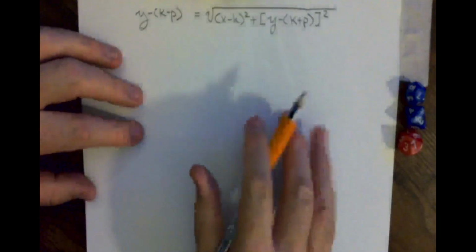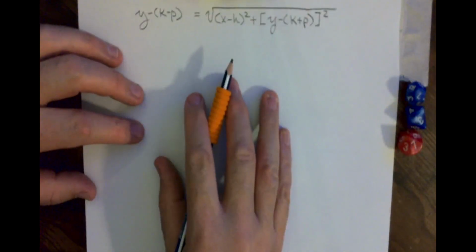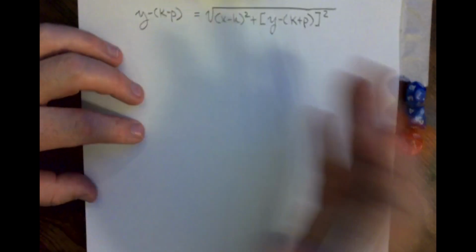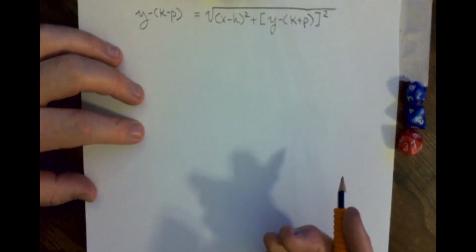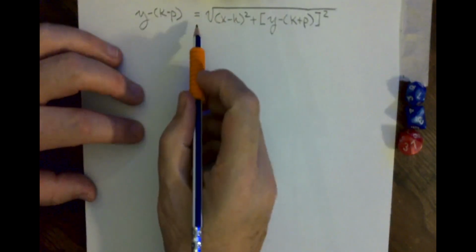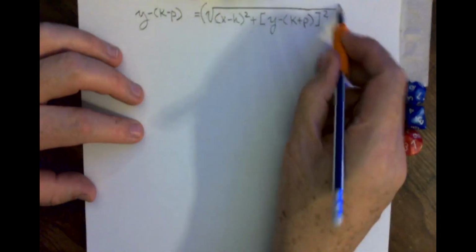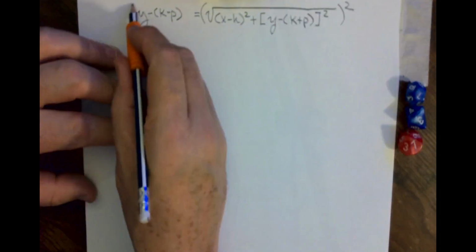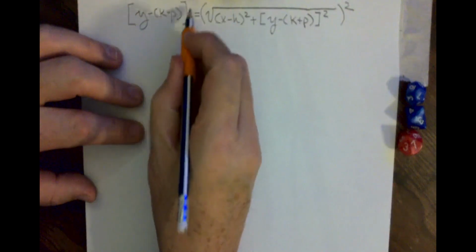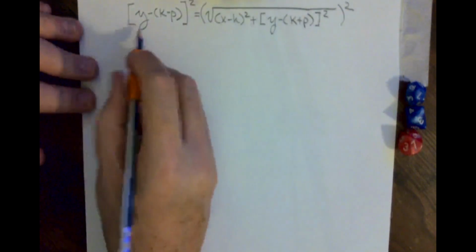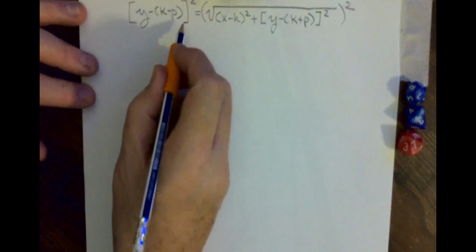Okay, here the equation is copied over. So this string of symbols is going to get longer before it gets shorter. What I'm going to do first is square both sides. That's going to let me get rid of this radical here. What I'll do on this side right now is FOIL this with itself.